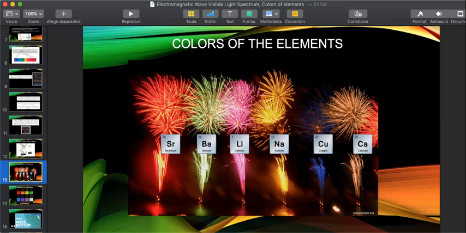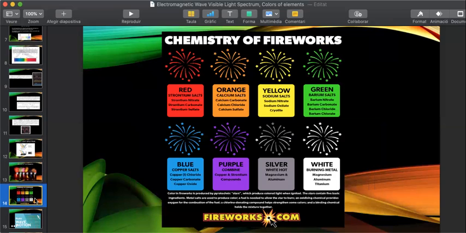Each element can glow with a different color when it burns, okay? So, for example, in fireworks, the red color is thanks to the strontium element. And you can see on this chart red, orange, yellow, green, blue, purple, silver, and white are thanks to burning different elements.